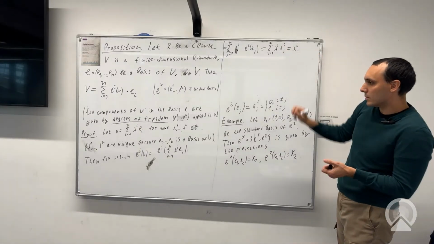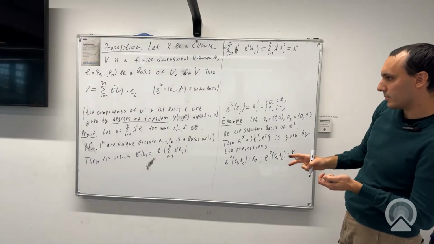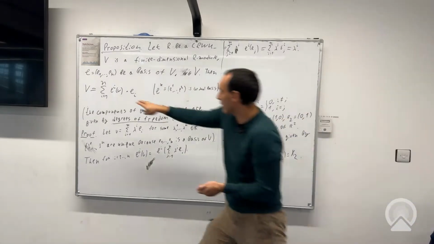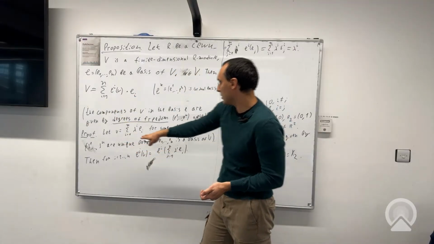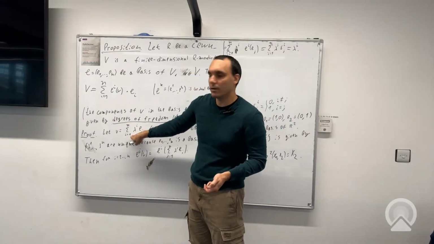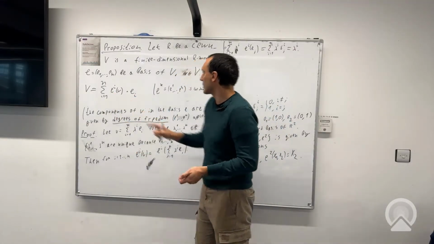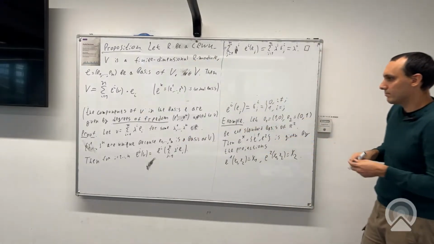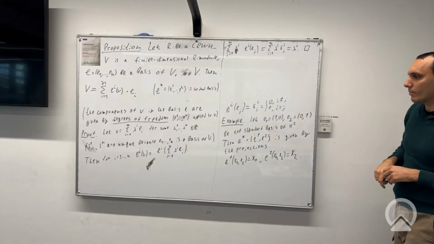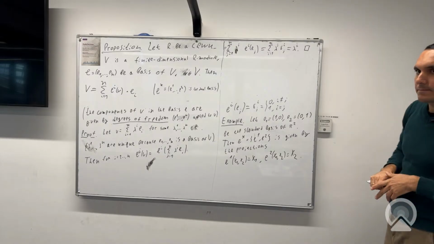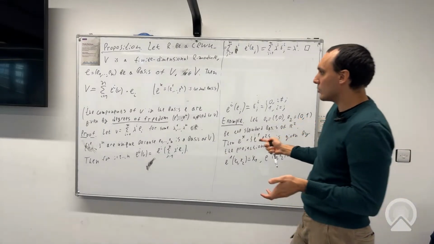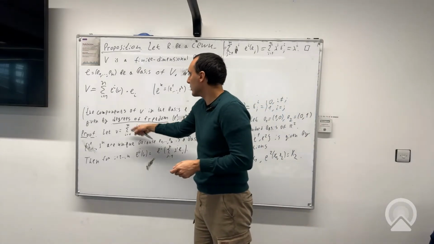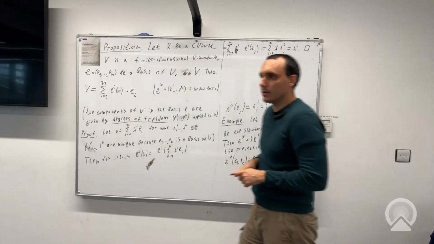Okay, and this is what we wanted to prove. We have this here and this here, and they're equal. So lambda^i equals E^i(v), which concludes the proof, because the representation is unique and we get the coefficient from E^i(v).